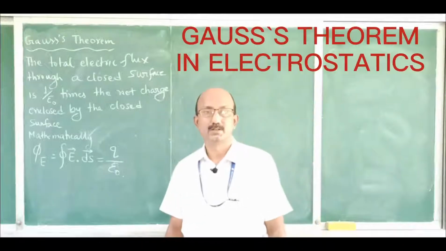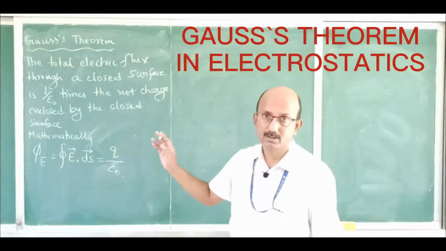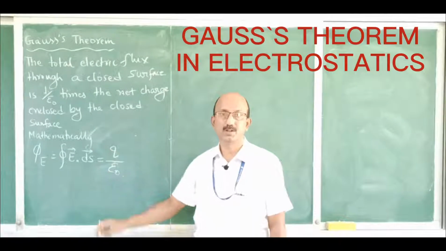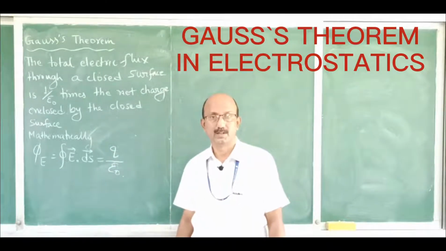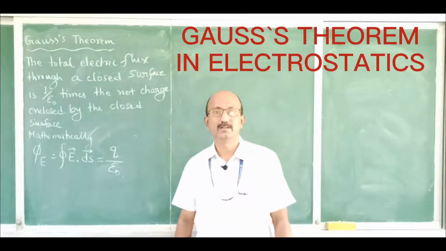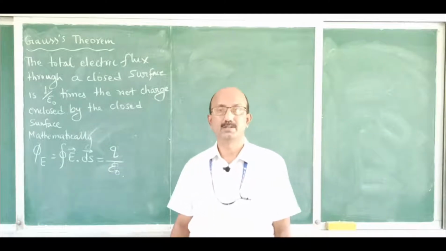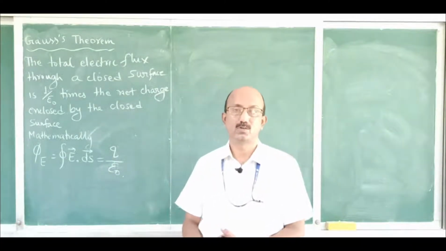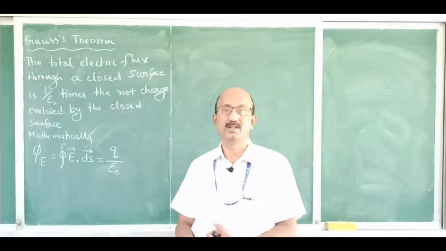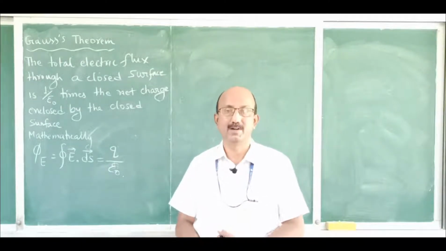Morning dear students. In this video we are going to learn something about a theorem called Gauss's theorem in electrostatics. This theorem is very important because it has widespread application to calculate the values of many things, specifically electric field.